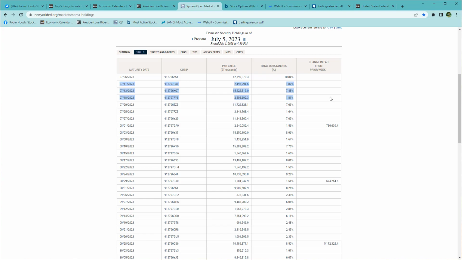Now, for Tuesday the 11th, they have scheduled to sell about $2.5 billion worth of stocks, which really isn't enough to do anything with the market, because people will easily put that money right back into the market. However, Thursday the 13th, we have it scheduled for $15 billion worth of stocks to be sold.